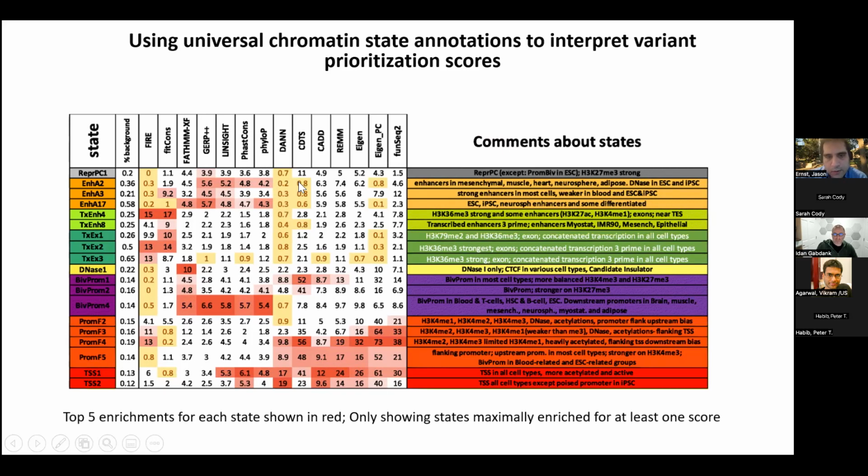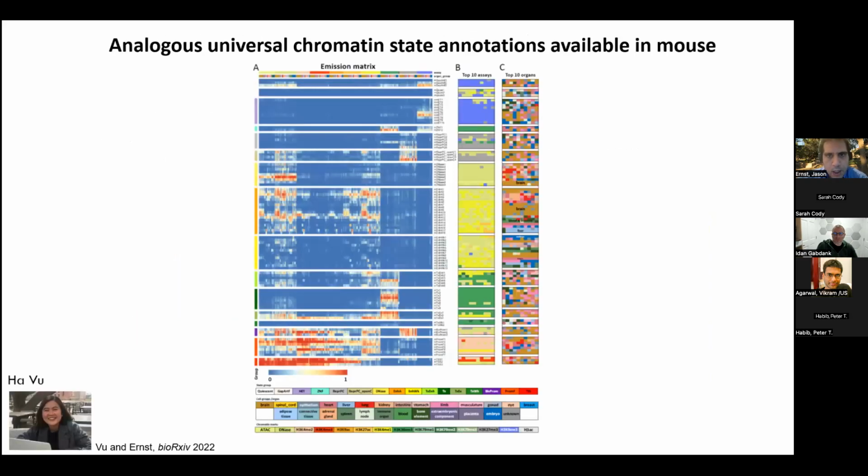So this already gives you a first-order understanding of the types of bases various scores are prioritizing. We've also now done this for the mouse as well as the human, and have an analogous universal chromatin state annotation for the mouse.